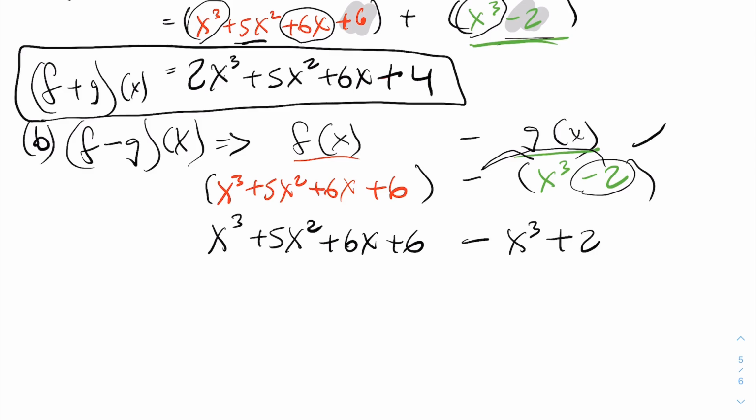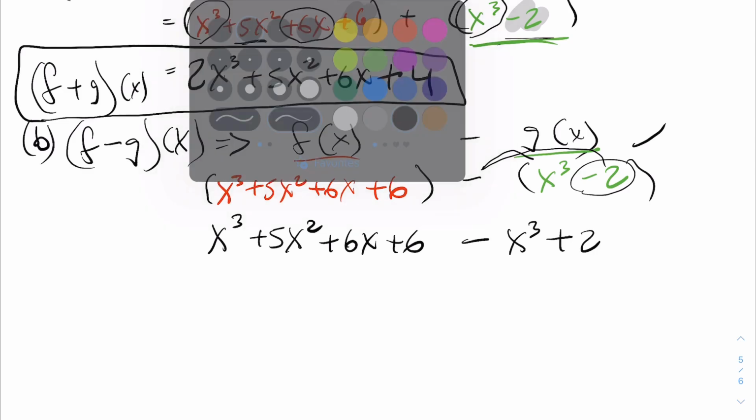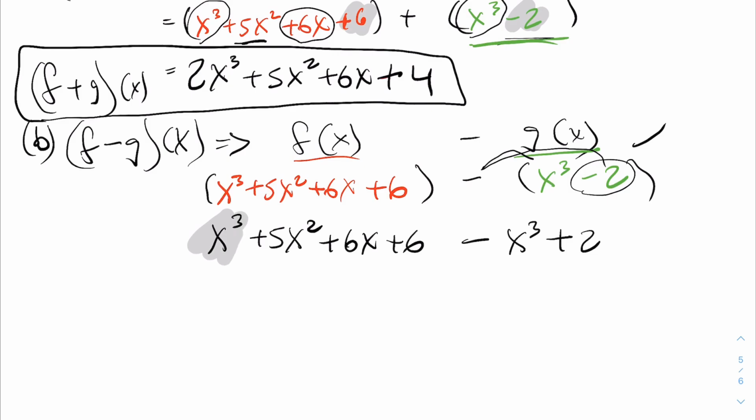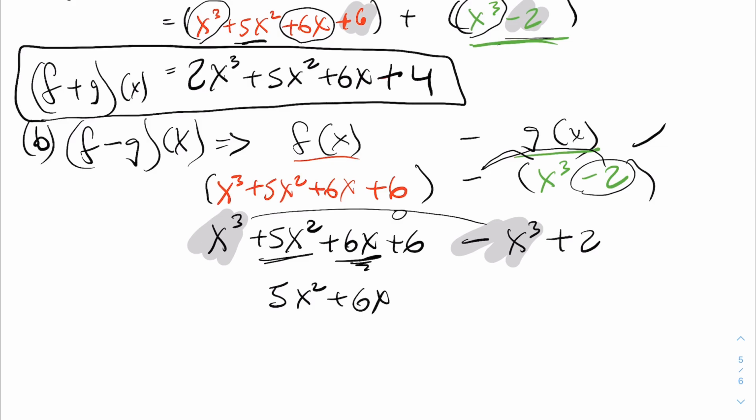Now I want to combine like terms, and I'm looking here and I'm seeing that I've got 1x cubed minus 1x cubed. So that is just effectively going to be 0. And then I've got 5x squared and no other x squares. And I've got 6x and no other x's.